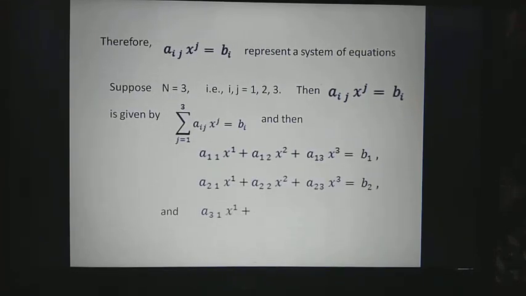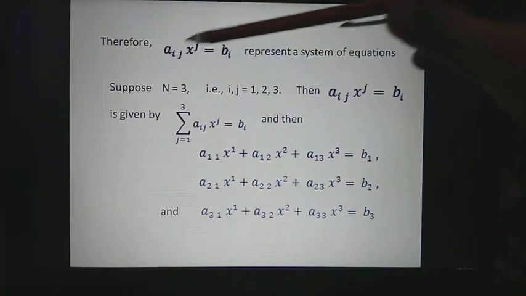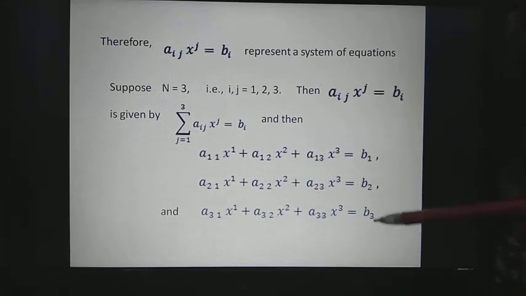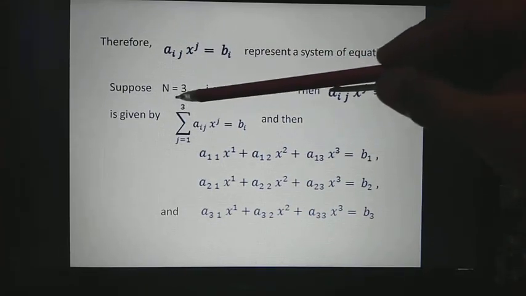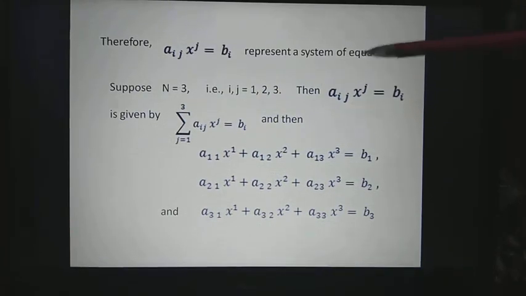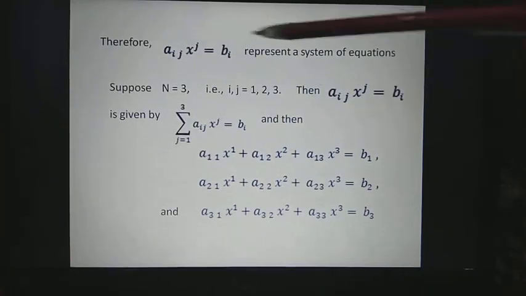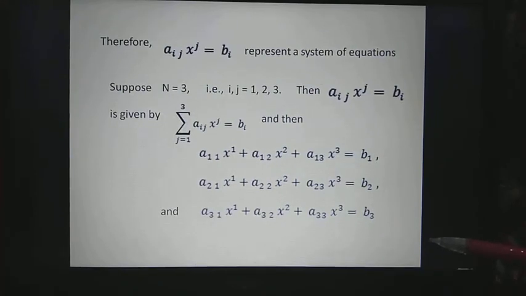In this way, that single equation represents the system of these 3 equations whenever the dimension of the space is 3. If the dimension of the space is n, then such a single equation represents a system of n equations.